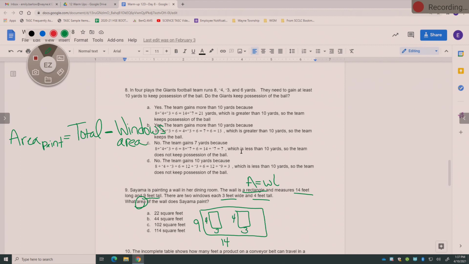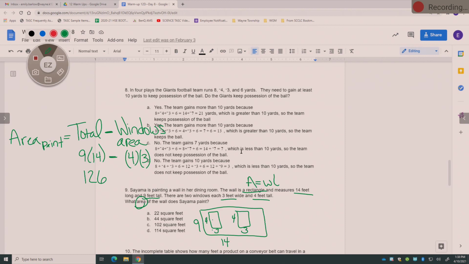Okay, so my total area would be 9 times 14. And 9 times 14 is 126. My window area, I've got 2 of these, right? So one window is going to be 4 times 3, width times length.